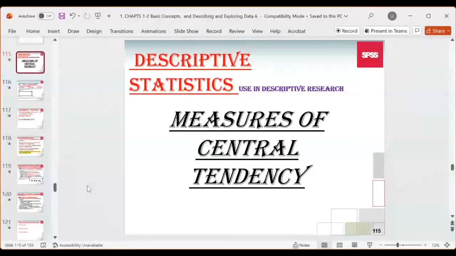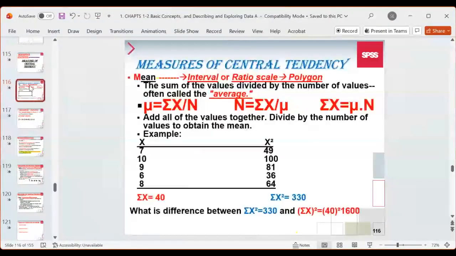Any questions? If not, we're going to cover measures of central tendency, mean, median, and mode, briefly, because I'm sure everybody knows them. But again, we cover them. Measures of central tendency are mean, median, and mode.